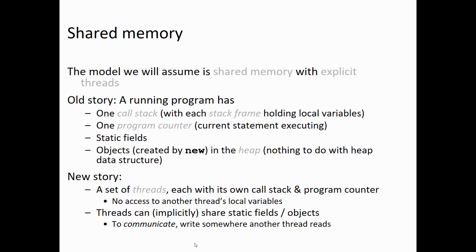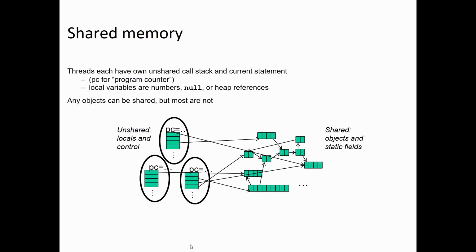It is simple because we have the same memory. The memory is shared among different threads, but it causes problems. Threads have their own unshared call stack and current statement, the program counter, and their own local variables, but all objects are shared.